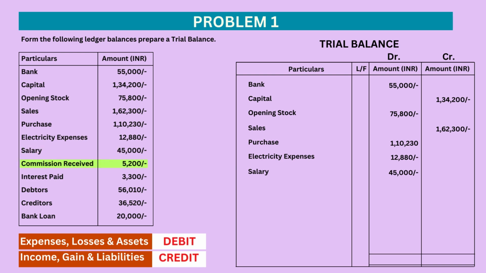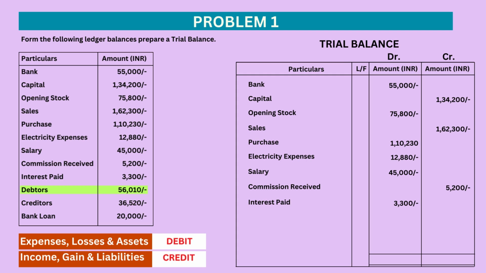Commission received. It means we have received commission and thus it is an income. It will be posted on the credit side. Interest paid. You know it is an expense. So it will be debited. Debtors. To whom goods are sold is a debtor, or a debtor is a person, company or organization who owes money.